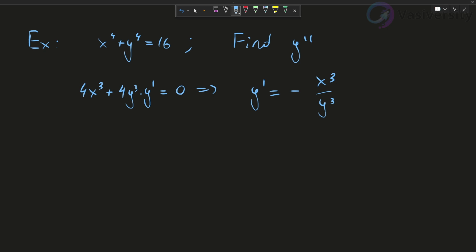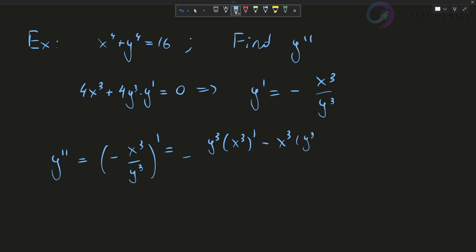All right, that's when it gets tricky, because now we've got to do y double prime, which is going to be negative x cubed over y cubed, prime. So by using the quotient rule that we learned a few lessons back, we're going to have negative y cubed times x cubed prime minus x cubed times y cubed prime, all over y cubed squared.